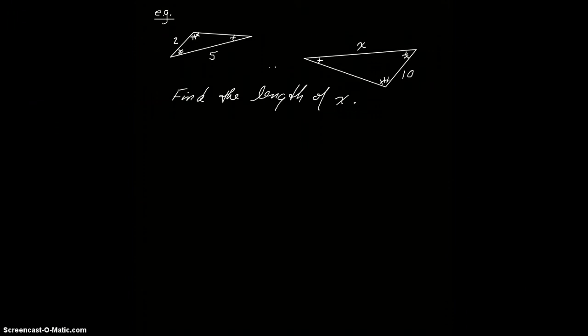So let's set up a proportion. 2, this distance 2, goes between an angle with 3 tick marks and 2 tick marks. So 2, the ratio I can set up is here. What goes between 2 and 3 tick marks on the right-hand triangle? Yeah, 10.